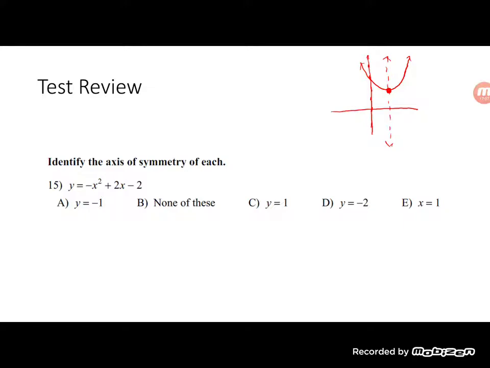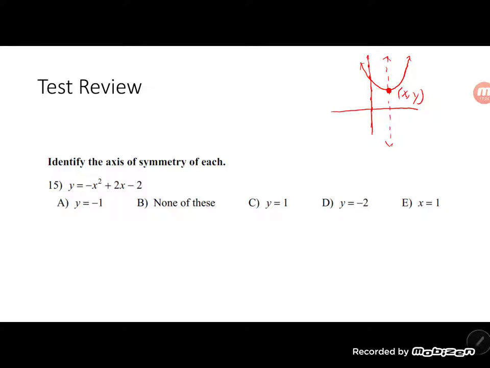You see the relationship, I'm sure you do. The vertex is going to be right where the axis of symmetry is. So remember, our vertex is going to have an x and a y value. So how does our axis of symmetry relate to our vertex?